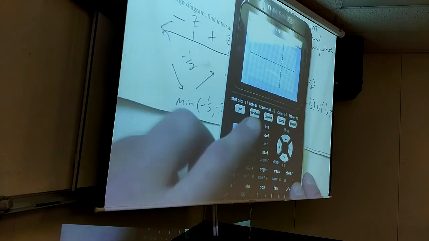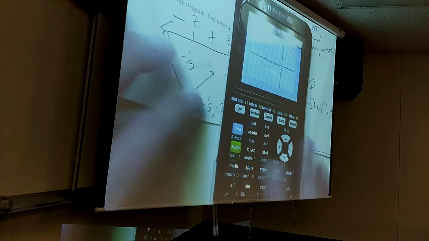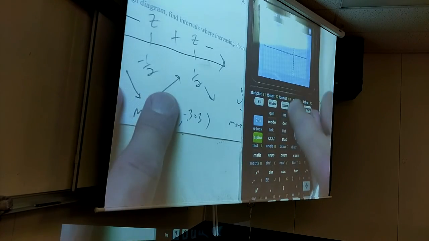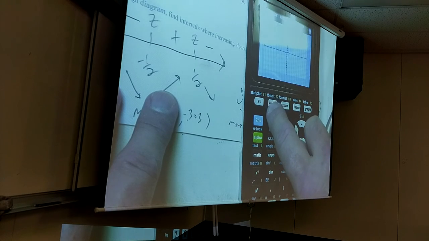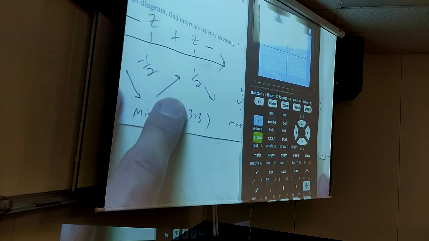Oh, I got a weird window. Well, I kind of know I want my window to be kind of close in. So let's see, zoom 6. And then I'll make my window. Let's go from negative 2 to 2, and from negative 2 to 2 on there too, just because.